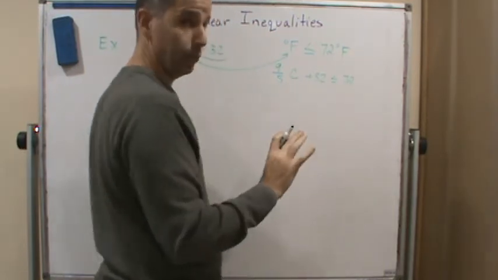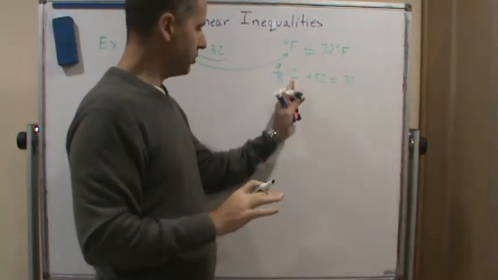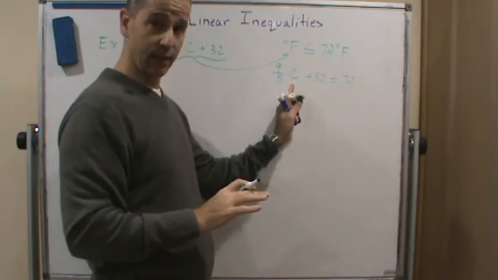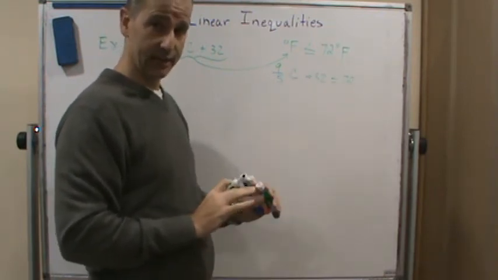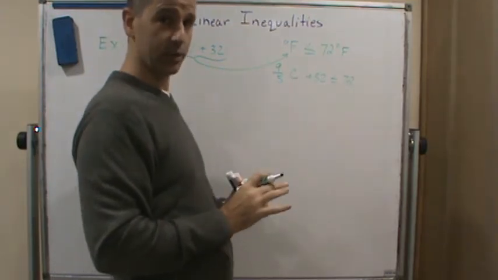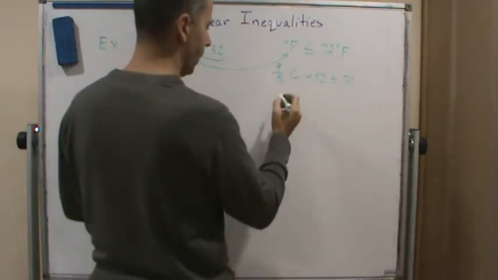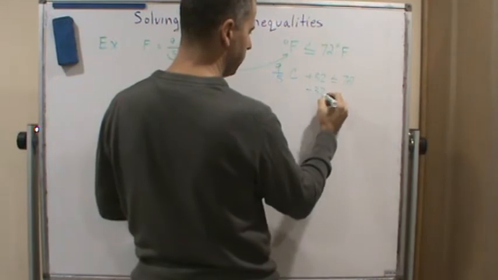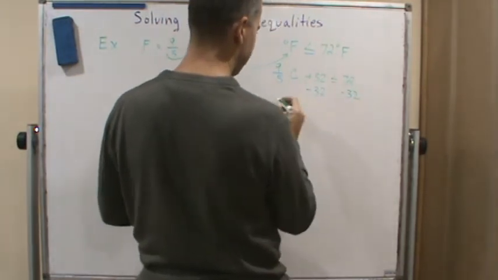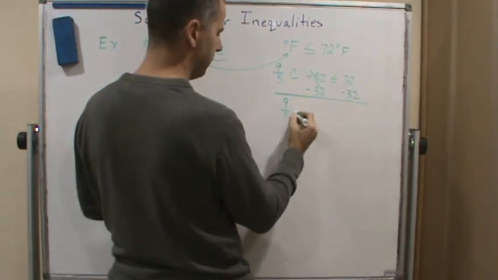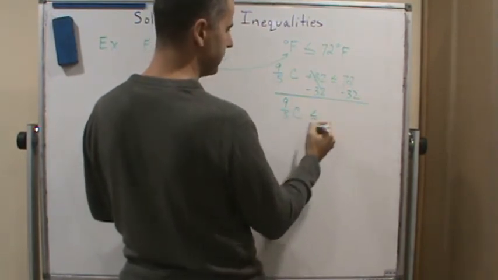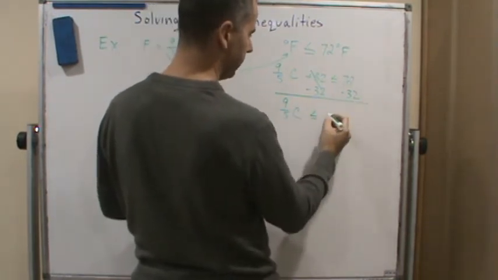The idea is to isolate the variable on one side of the inequality and get all the constants on the other side. So that gives me 9/5 C is less than or equal to 40.